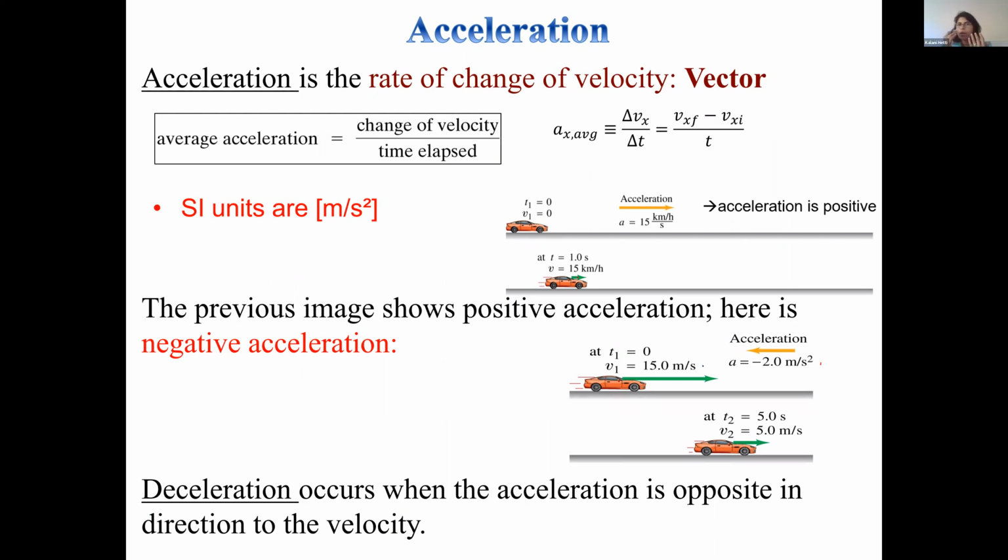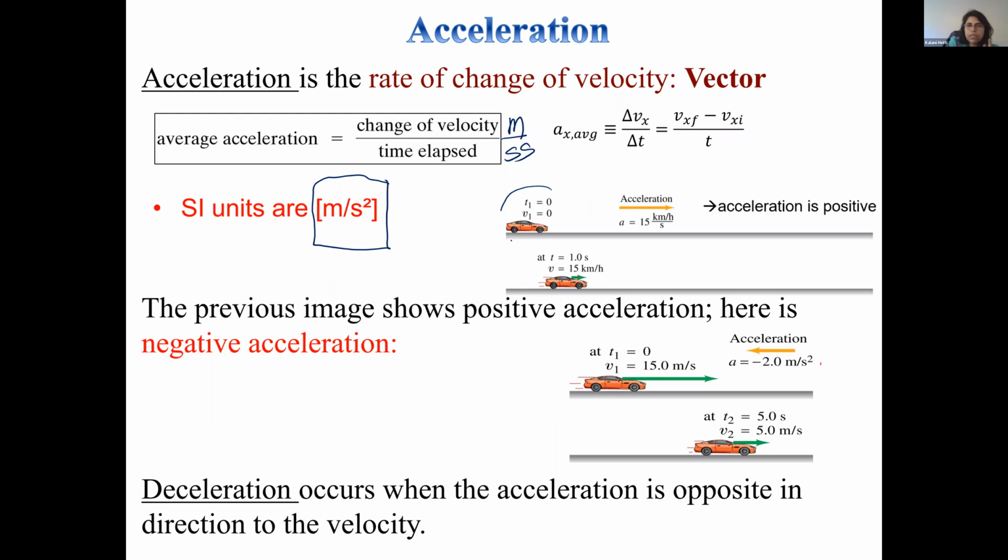If you take the units, you will see that the velocity unit is meters per second, and you're going to divide by another second. That means you're going to get the unit meters per square second, right? Acceleration means basically you are speeding up, or if you have a negative acceleration, that means you are slowing down. That is what acceleration means. You should have a change of velocity.